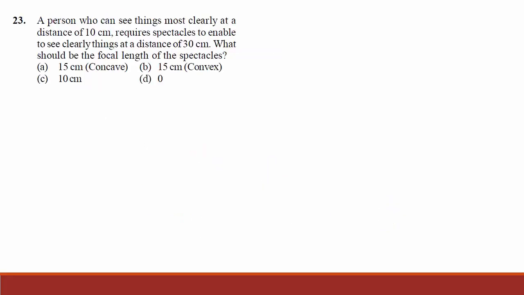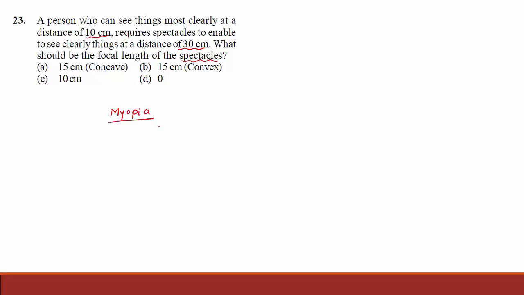A person who can see things most clearly at the distance of 10 centimeter requires spectacles to enable to see clearly the things at a distance of 30 centimeter. What should be the focal length of these spectacles? The person suffers from short-sightedness, or we can also call it myopia.